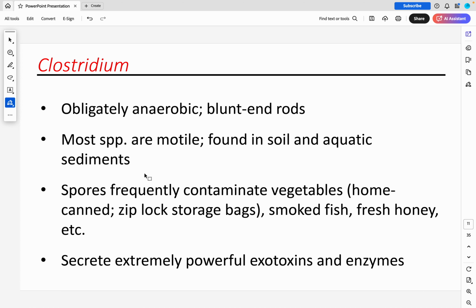So there's a high risk of acquiring Clostridium spores or the bacterium itself from produce. Also associated with meat products such as smoked fish, and also fresh honey. Clostridium species secrete very powerful exotoxins and enzymes that contribute to their overall virulence.